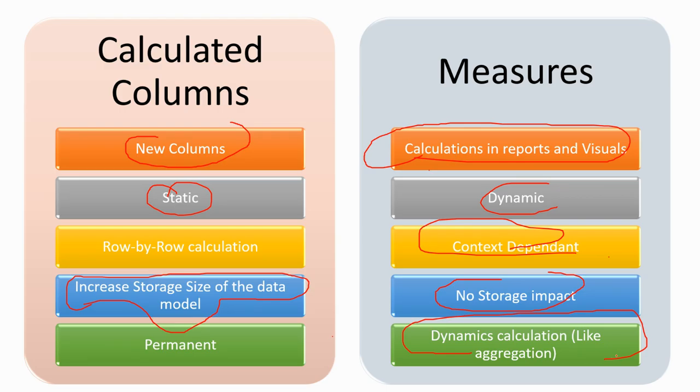So these are the important differences between calculated columns and measures: how the calculations happen, the context, storage impact, and use cases.